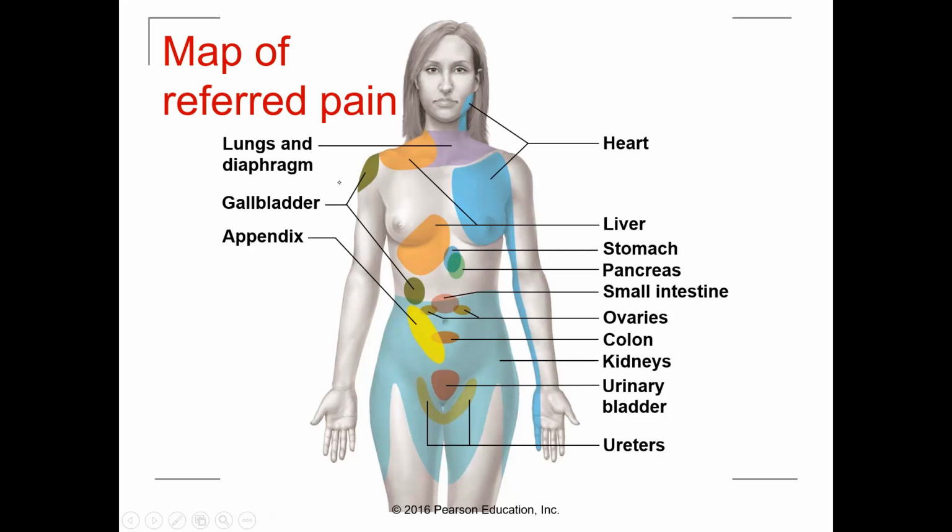There's the lungs and the diaphragm can cause pain to occur up here at the top of the thoracic cavity. So there's lots of events that pain can throw you a curve on. So you have to be very careful when you're assessing that, to understand that just because one area hurts doesn't mean that's where it's coming from.